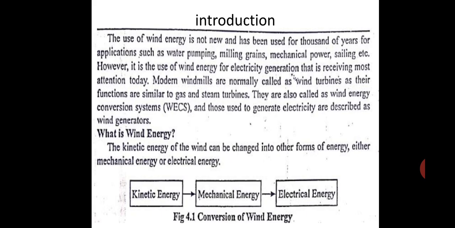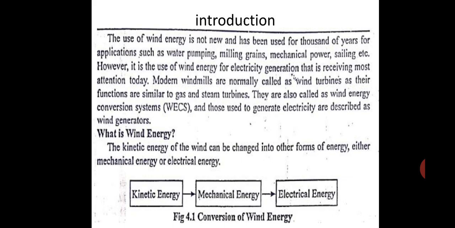Now wind energy has been used for thousands of years in applications like water pumping, grinding the grains to make them powder, even sailing boats, mechanical power. But lately, in the past 2-3 decades, in India, we have focused more on electrical energy generation from wind energy.